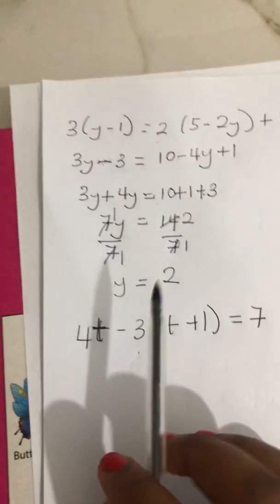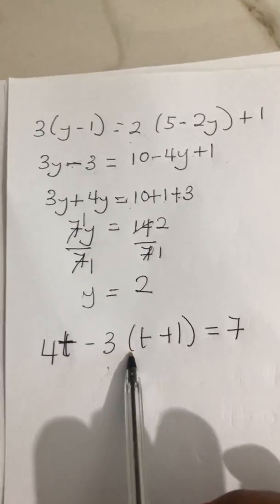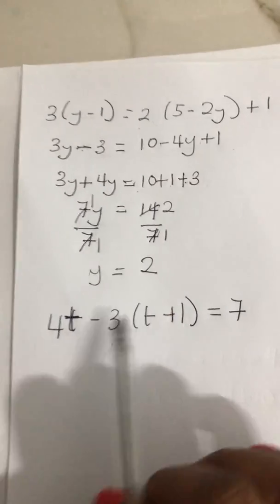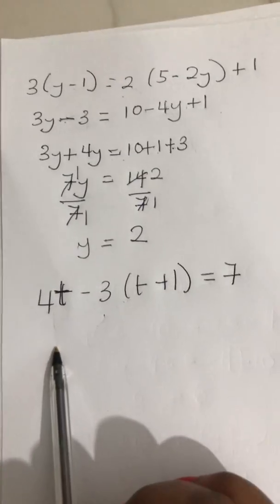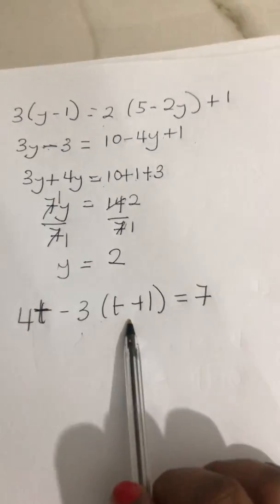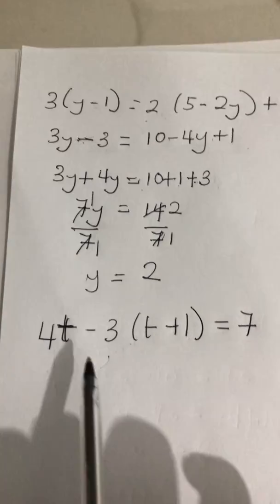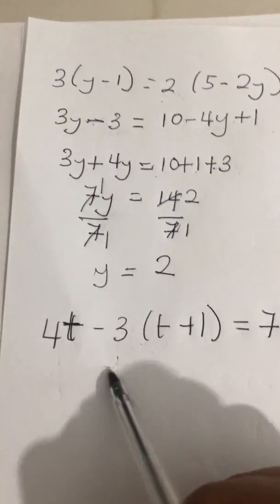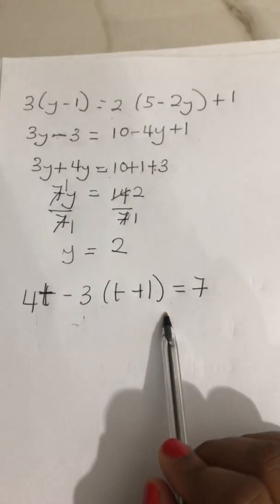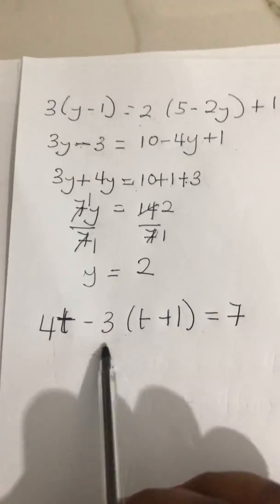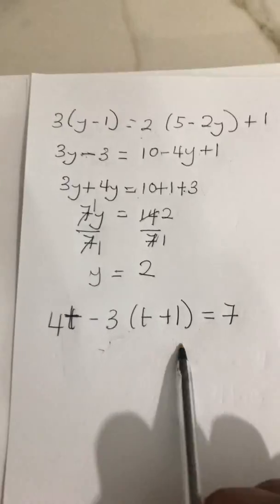And even if it was 3t, you always use the number in front of the bracket to open the bracket. This one will come down the way it is, and this 3 will open the bracket. Please pay attention to this. Don't go and do 4t minus 3t and you write 1t before you come and use 1t to open the bracket. No, you are absolutely wrong. You use the number right in front of the bracket to open the bracket.